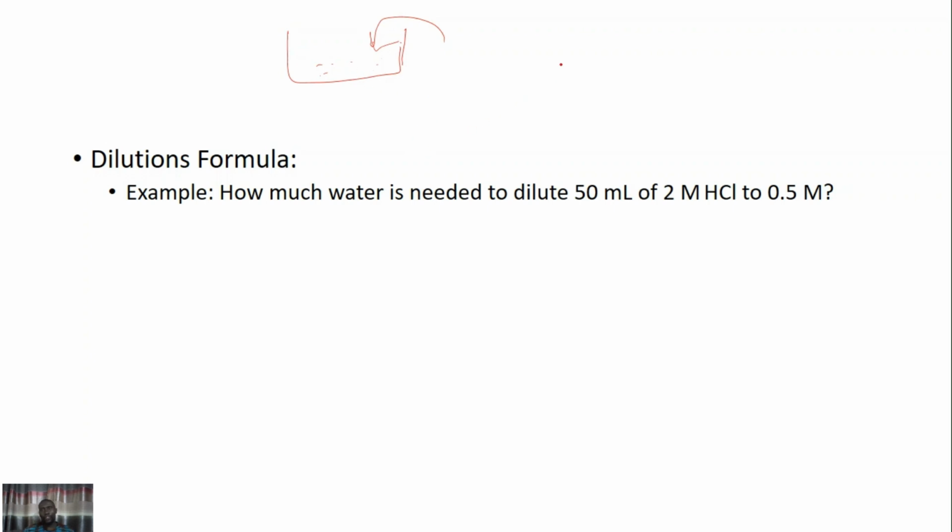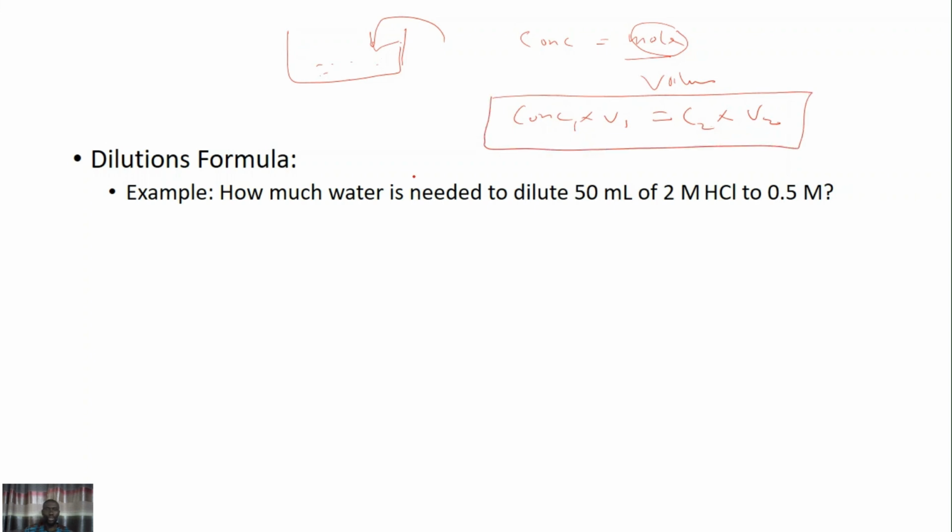So from our formula where we say concentration is equal to mole over volume, when we add water to it, it means the mole will be constant, right? Meaning that initial concentration times initial volume will be equal to final concentration times final volume. Okay, so this is the dilution formula.